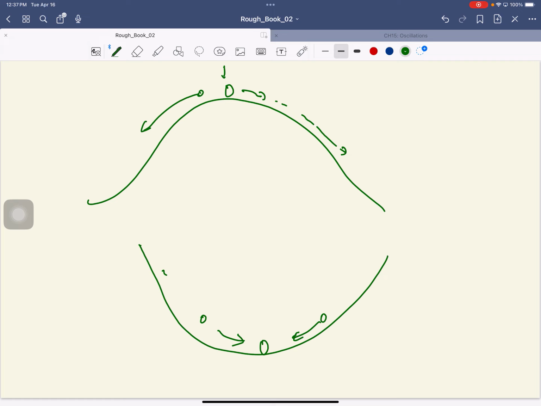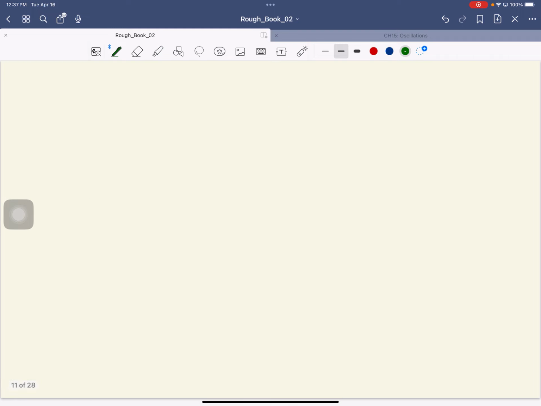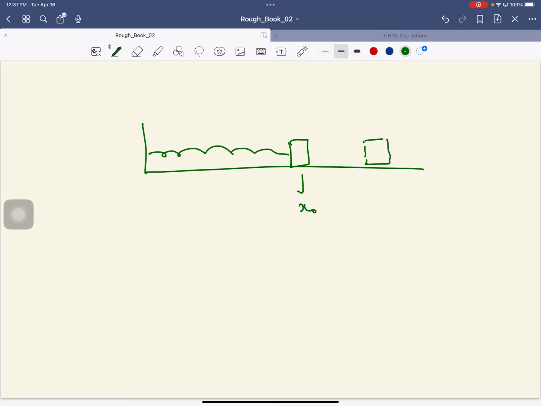Now this entire chapter is about a special kind of restoring force. Here's the spring, here's the mass attached to the spring, and here's the equilibrium position. We'll denote it by x naught. If I pull the mass to here, the restoring force is in this direction.